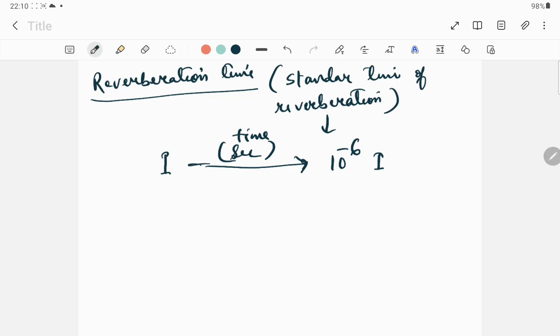This particular time is called the standard time of reverberation. Mathematically, it is the time during which the intensity will go down to 10 to the minus 6 times the initial intensity.